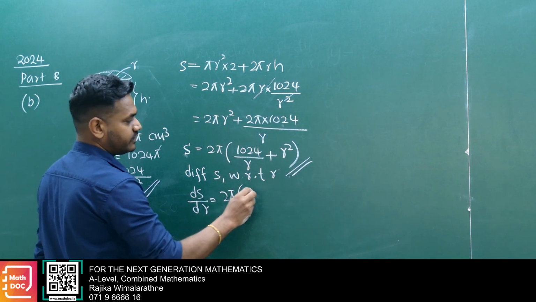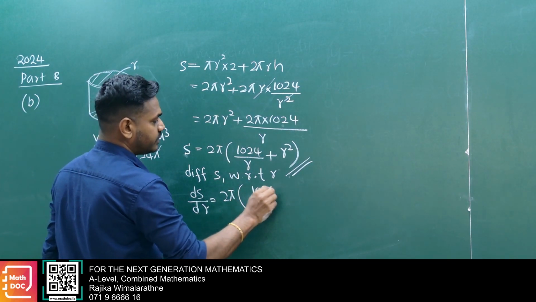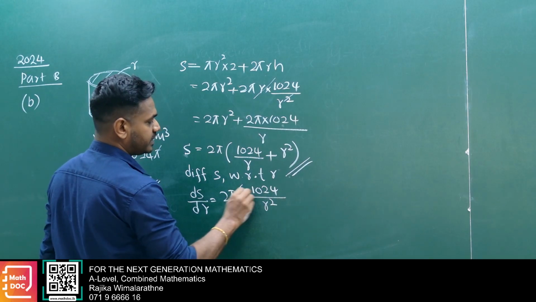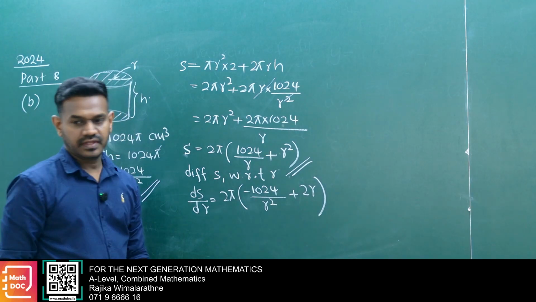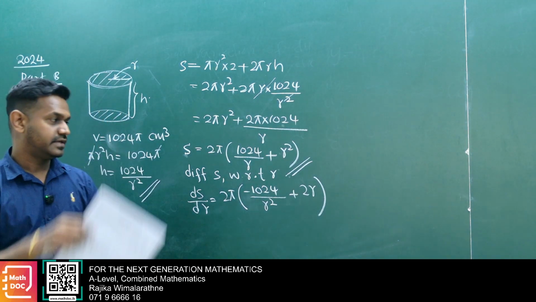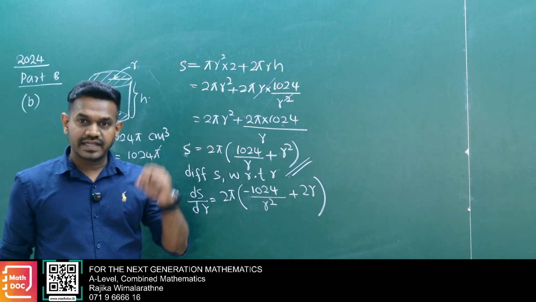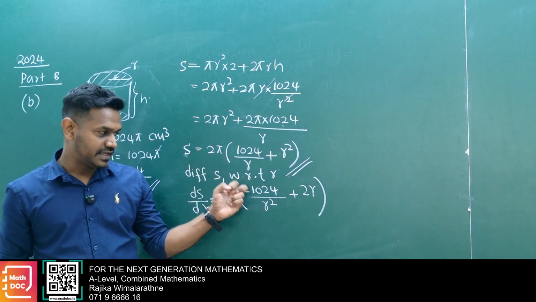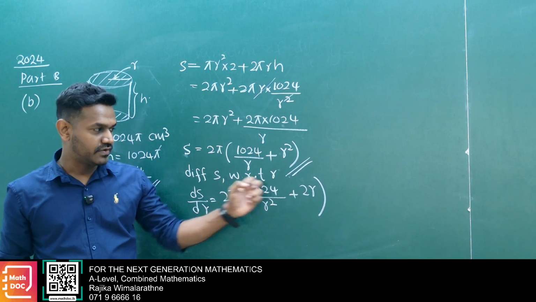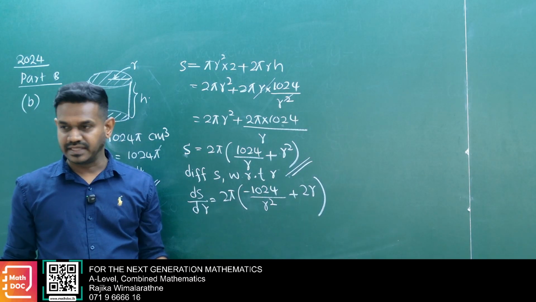Then ds divided by dr: 2 pi is constant, so the derivative of 1024 divided by r is minus 1024 divided by r squared, plus the derivative of r squared, 2r. I told you to remember that the derivative of 1 over x is minus 1 over x squared, so here 1 over r has derivative minus 1 over r squared, with the constant. Directly apply them.